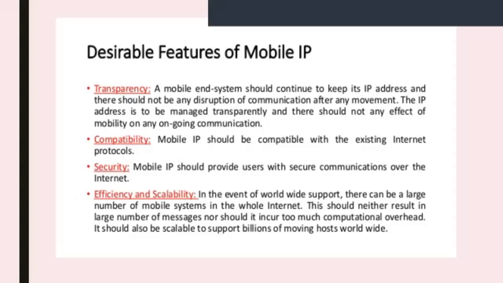It should also be scalable to support billions of moving hosts worldwide. Since there are billions of moving hosts worldwide, we can say that mobile IP's desirable feature is scalability. Scalability means expansion.